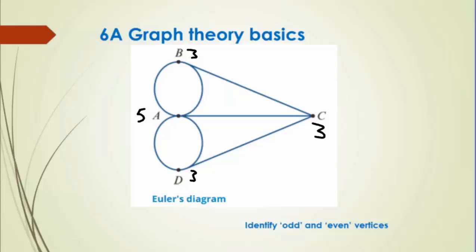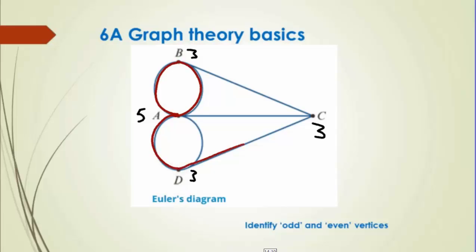And what Euler said, and I'm not going into the deep mathematics here, but he said that if a network has got more than two odd vertices, or odd nodes they're sometimes referred to, then the network is not traceable. In other words, you cannot run your pencil over the whole network without lifting your pencil from the paper.